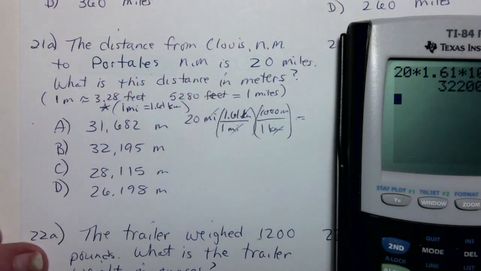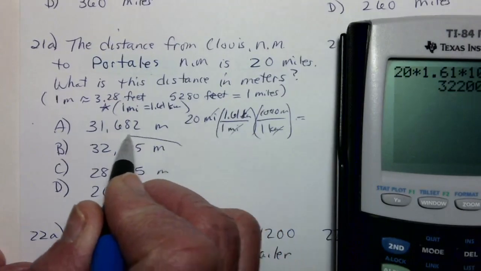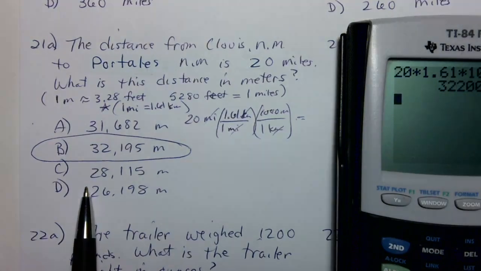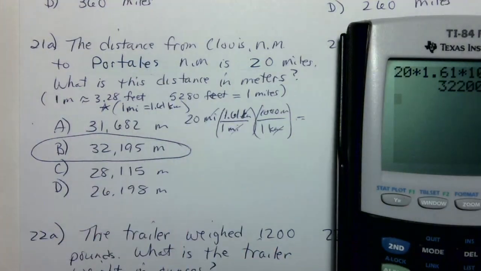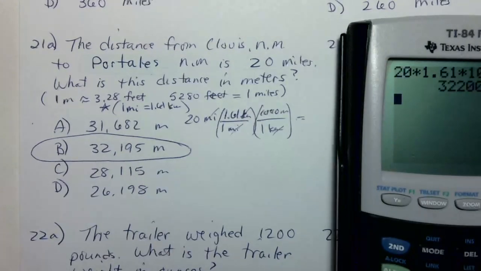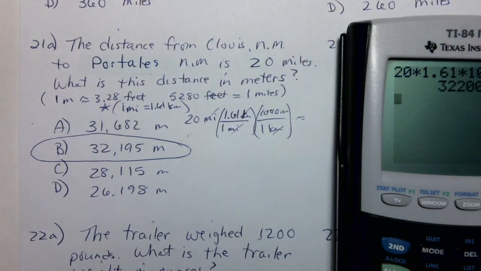Well, the only one that's closest to that is this one right here. Okay? Now, this can happen to you on a test. I'm just telling you that there may not be an exact answer over here, because remember, a lot of our unit multipliers were approximates. So it could be a little off, and this is 5 units off. So pick the one that's closest if you know you did it right. Okay?